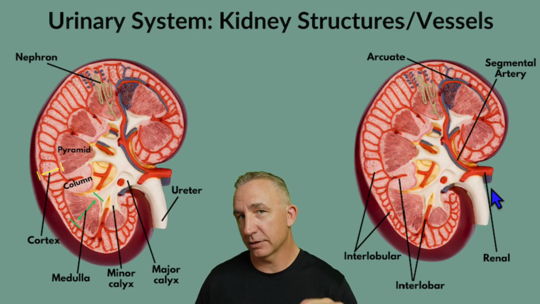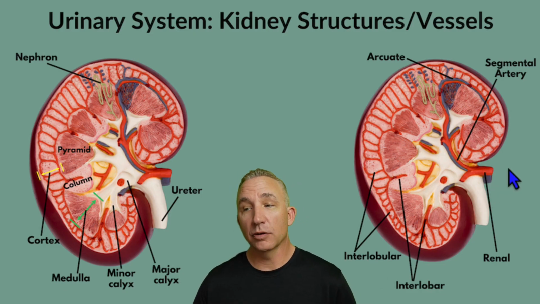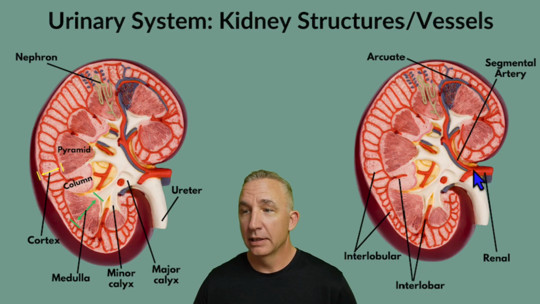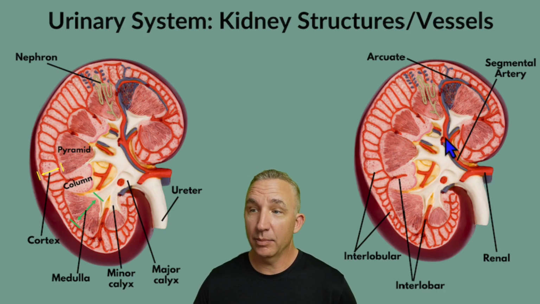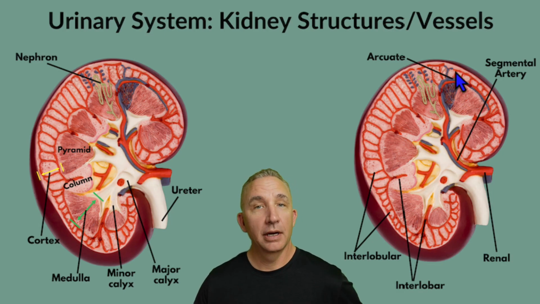Let's go through that, because our goal is to get to the nephron. We go through renal artery, segmental artery. I come up along the side of my renal pyramid, which is my interlobar artery, over the top of the pyramid, arcuate, and then the stalks that come up are my interlobular artery.